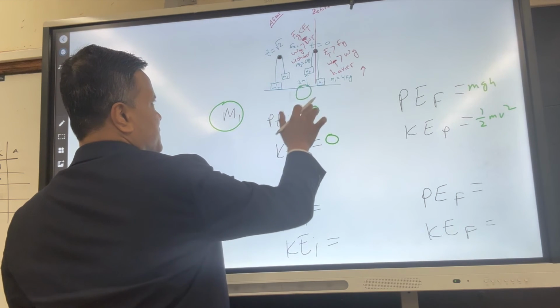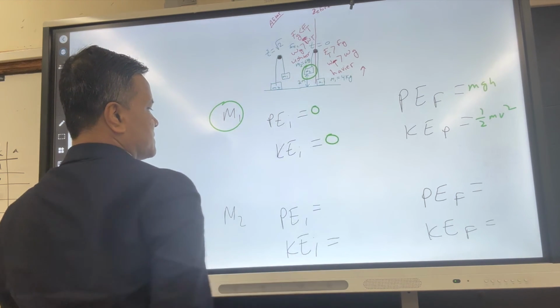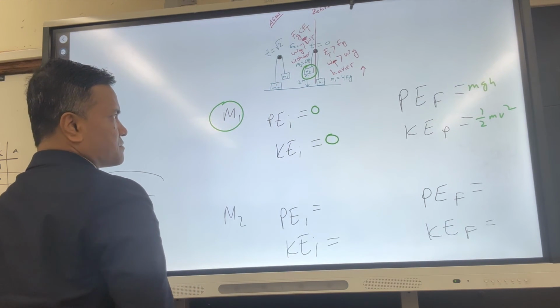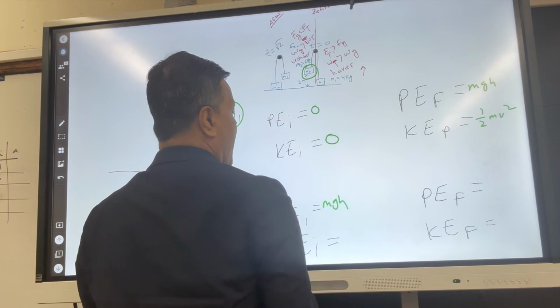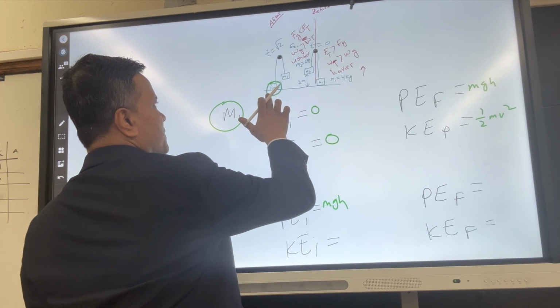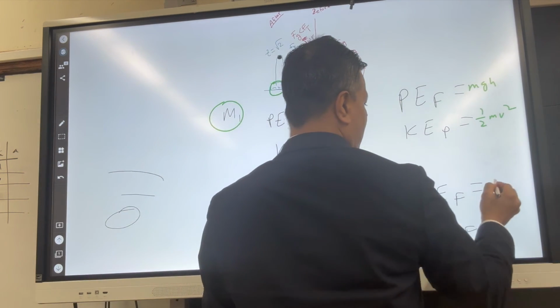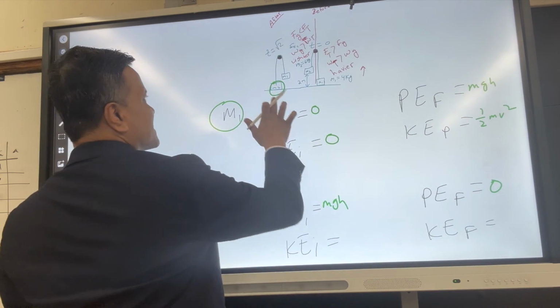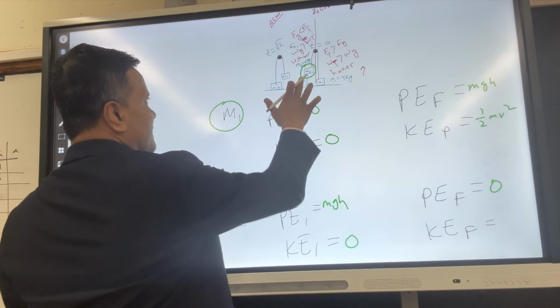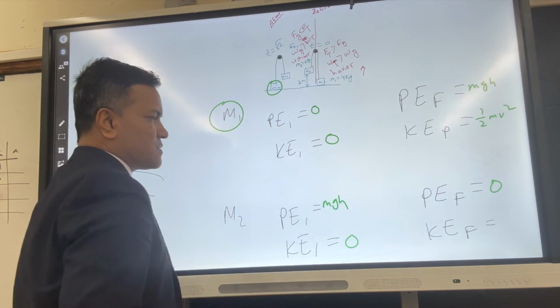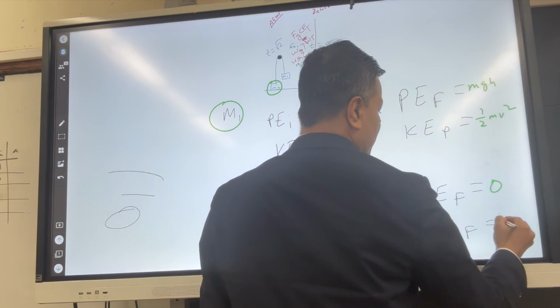Potential energy initial is not 0 because height is not 0. Potential energy final is 0 because the height is almost 0. Kinetic energy initial is 0 because the velocity is 0. Kinetic energy final is not 0 because there is an impact velocity.